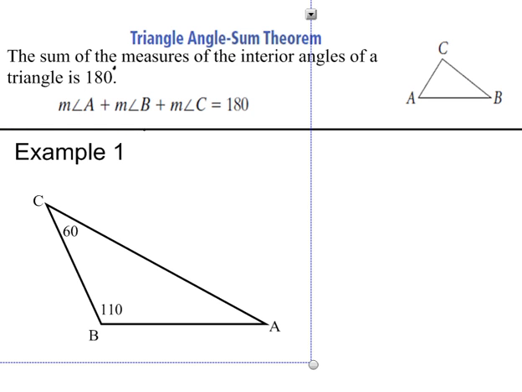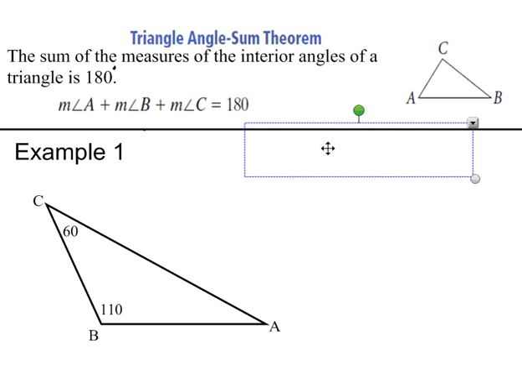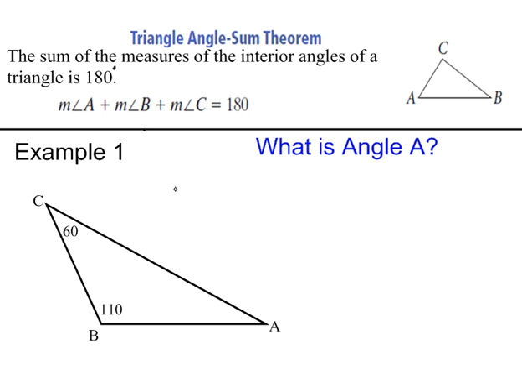Here we have triangle ABC, and the question is, what is the measure of angle A? Well, what do we know? We know that angle A plus angle B plus angle C add up to 180 degrees, so we can write angle A plus angle B plus angle C equals 180 degrees. Then we can substitute and leave angle A as unknown, since that's what we're looking for.